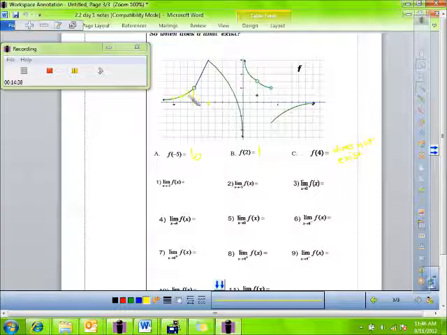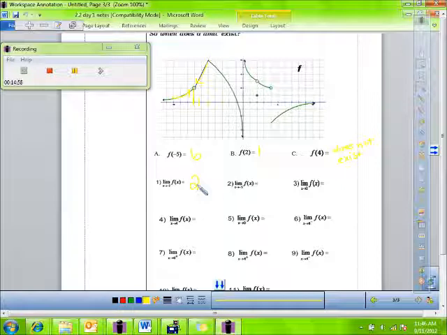From the left it's coming up towards 2, and from the right it's coming towards 2. So the limit is 2, although f of -7 is actually undefined.